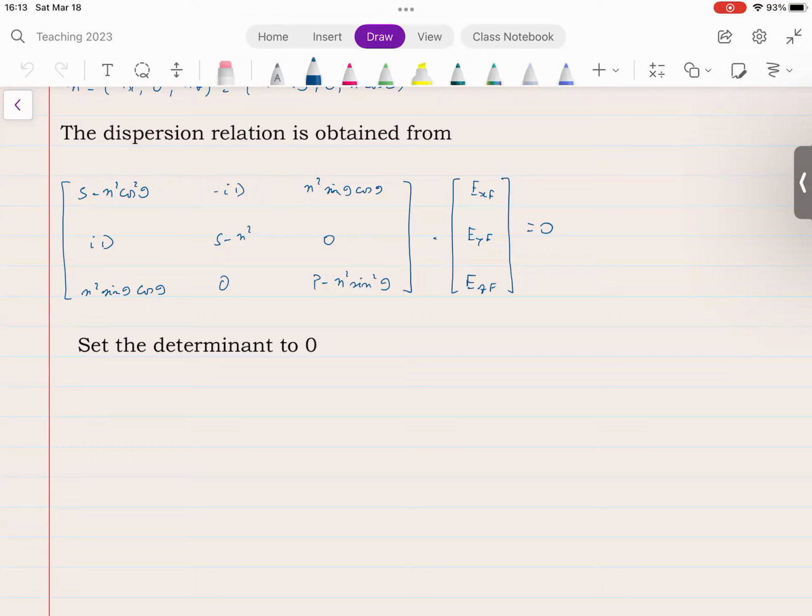Actually, you may expect an n to the sixth term, but if you work this out, you'll see that the n to the sixth terms actually cancel out.